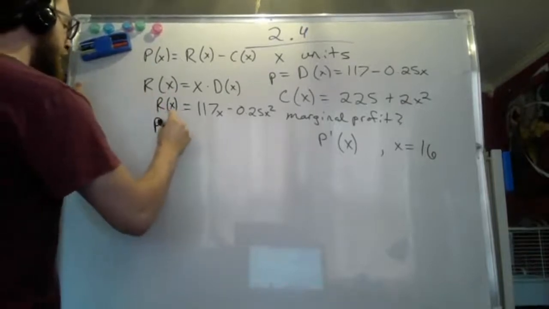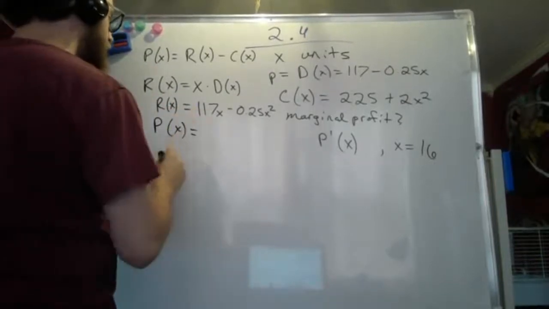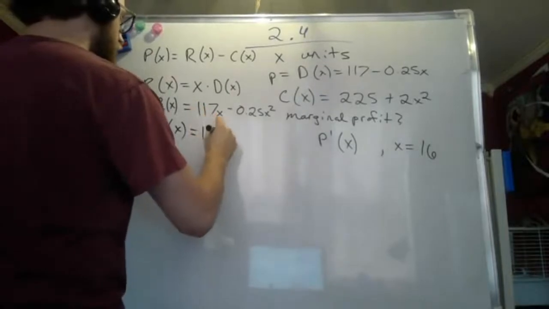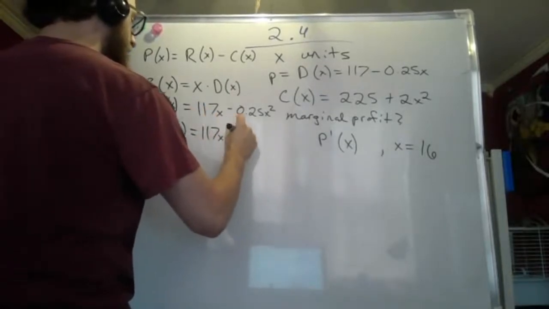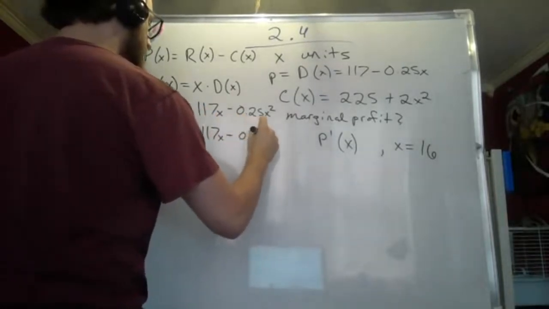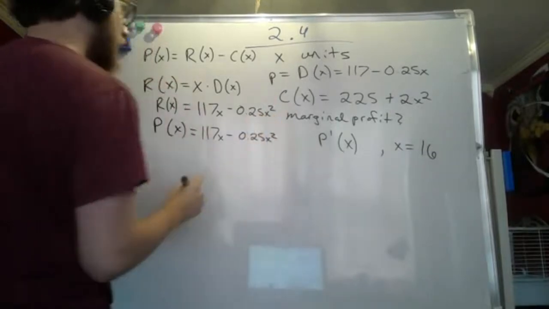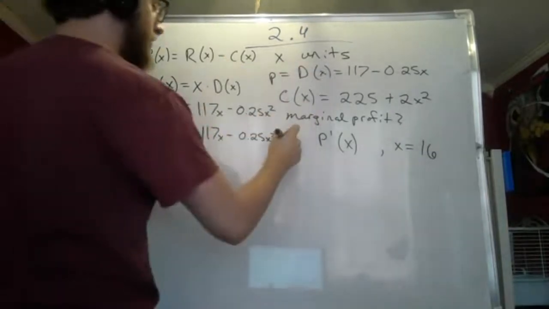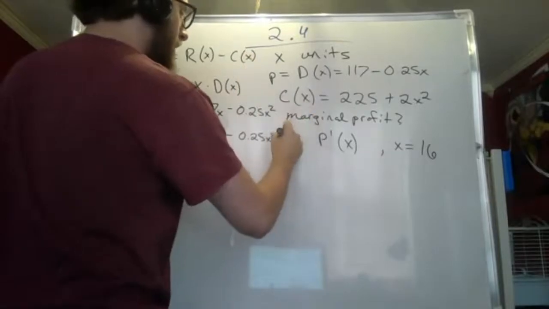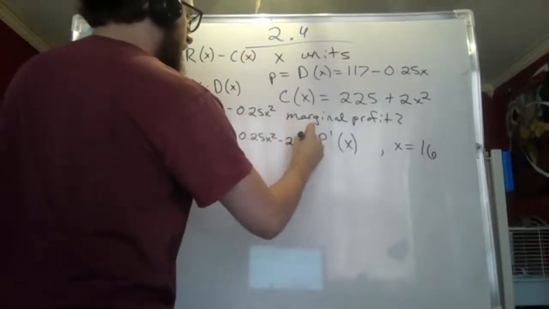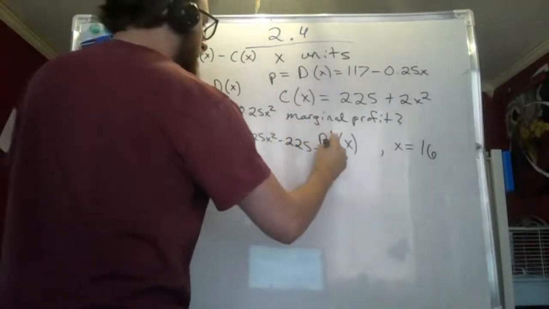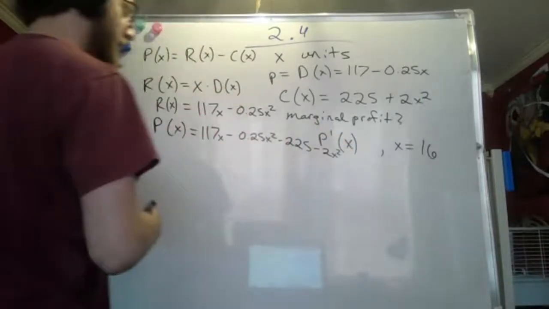So profit is equal to 117x minus 0.25x squared minus cost. So distribute that negative here. Minus 225 minus 2x squared.